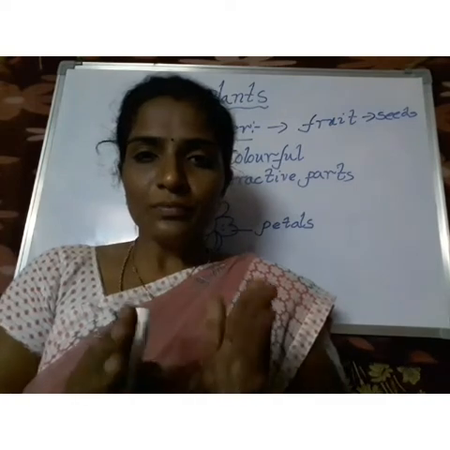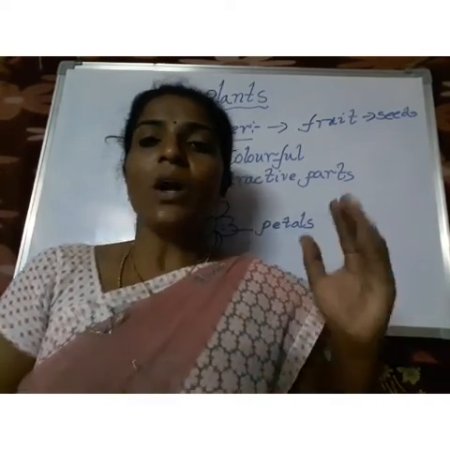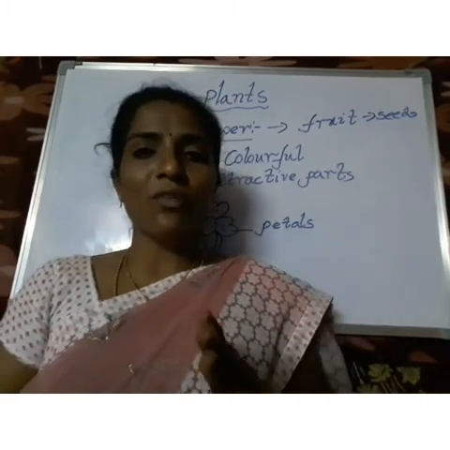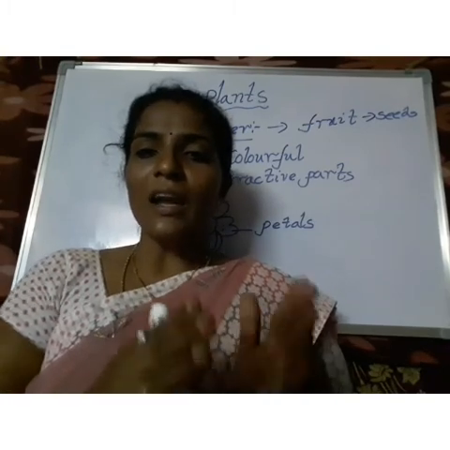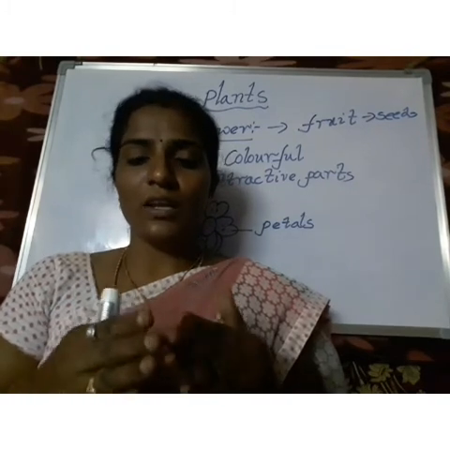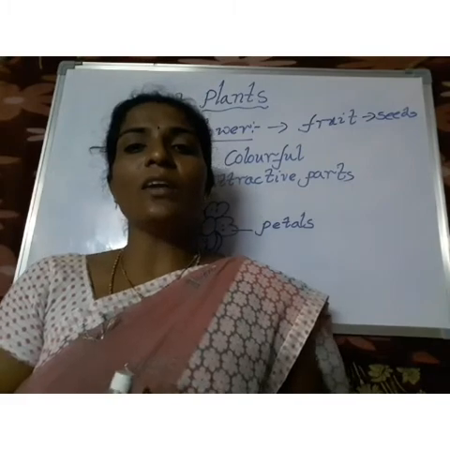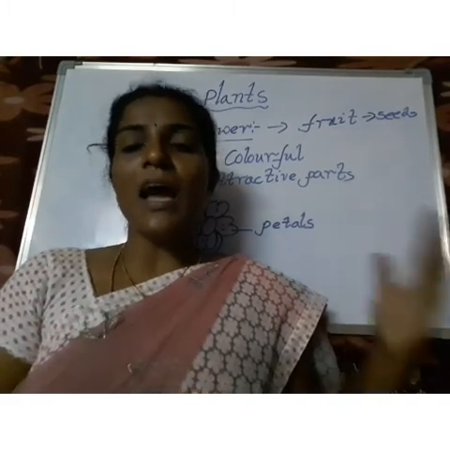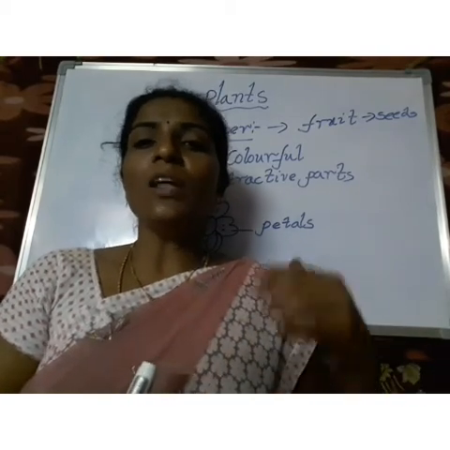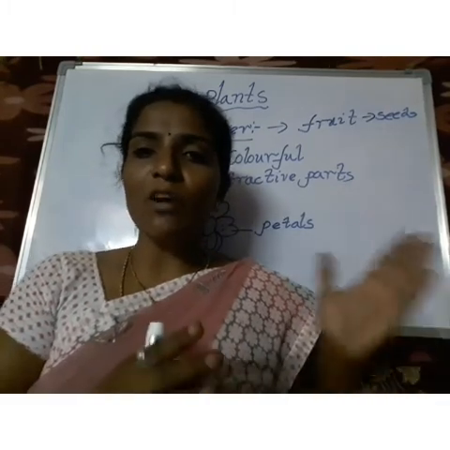First of all, you have to understand the basic parts of plant, types of root system and types of venation, the differences between venation and root system, and dicot or monocot, and after that the functions of leaves, how the leaf can prepare its food, and how the leaf helps in transpiration, and the importance of flower.